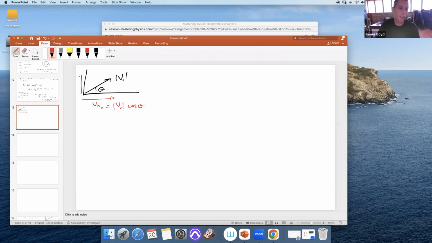And we can have a V of Y initial, which is our V naught sine. The first thing you almost always have to find is V of X and V of Y initially, whatever your launch speed and launch angle were.